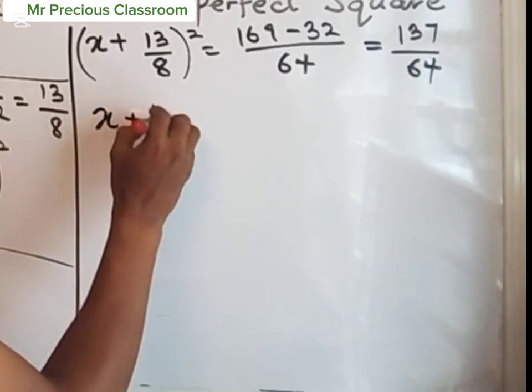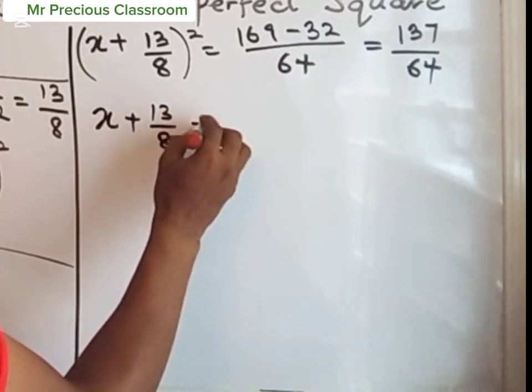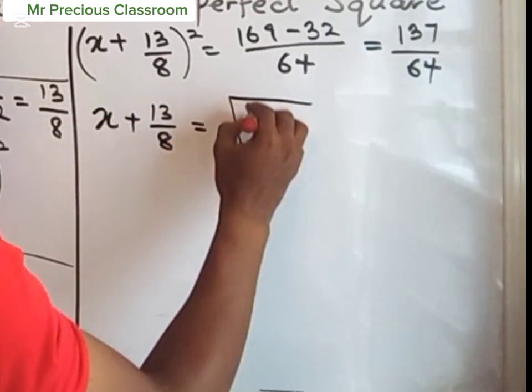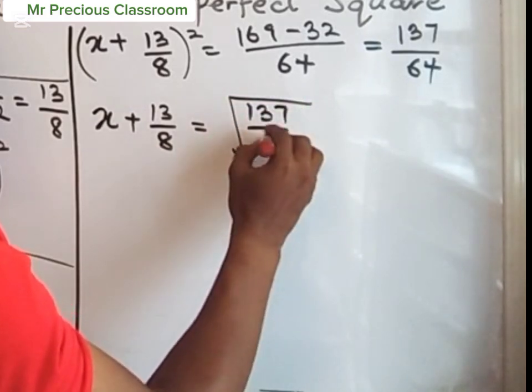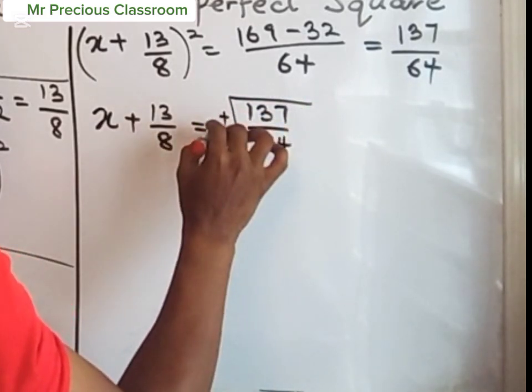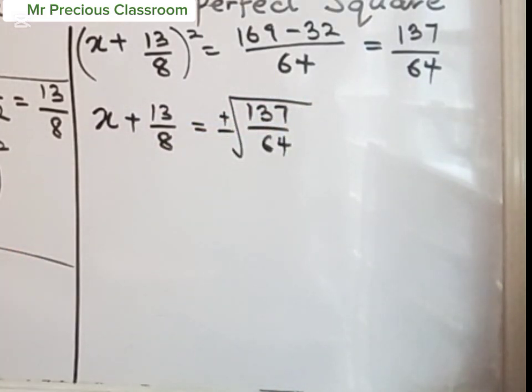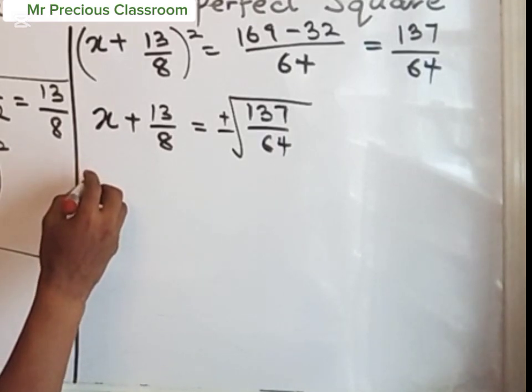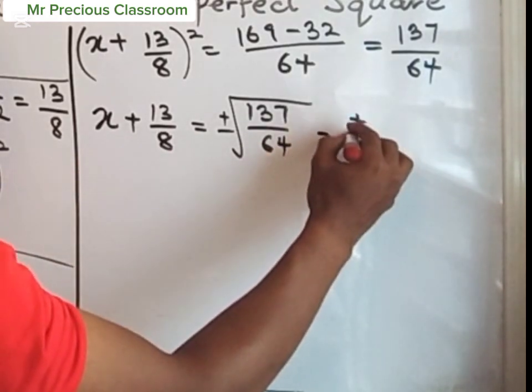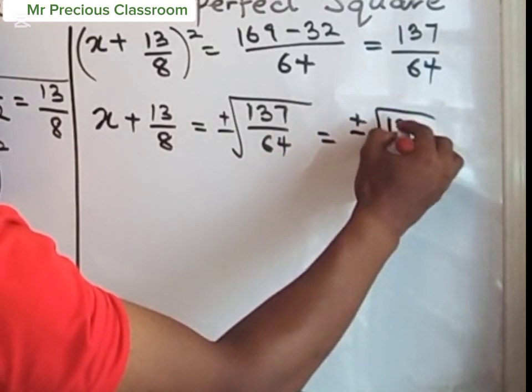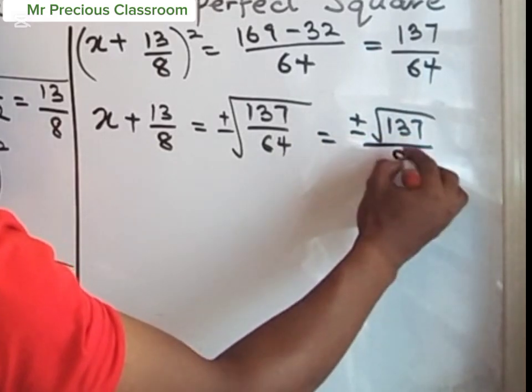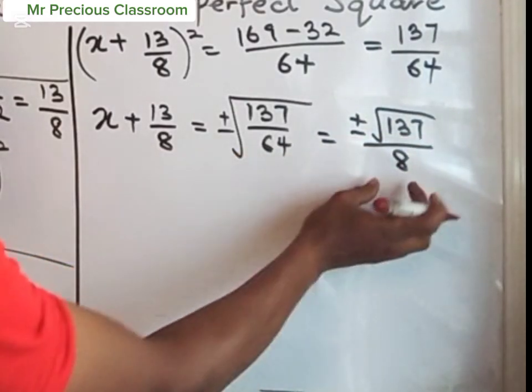So to get rid of the square, we'll find the square root of both sides. x plus 13 over 8 equals the square root of 137 over 64. Put your plus or minus sign here. So this is the same thing as plus or minus square root of 137 all over 8, because the square root of 64 is 8.